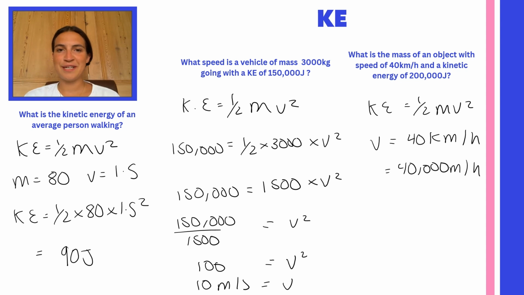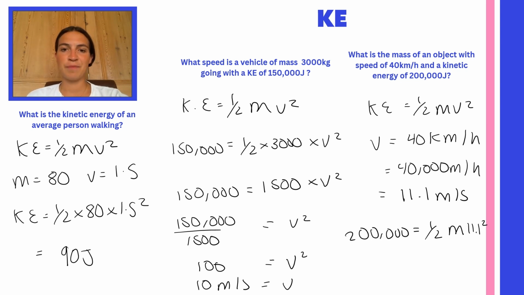How do I get it into meters per second? Well, I think about the fact that there are 3,600 seconds in an hour. So if it's 40,000 meters per hour, I divide that number by 3,600. That gives me my velocity in meters per second, 11.1. Okay, good. So now to plug those numbers into my equation.